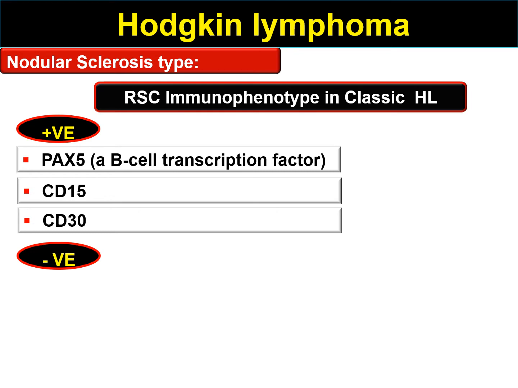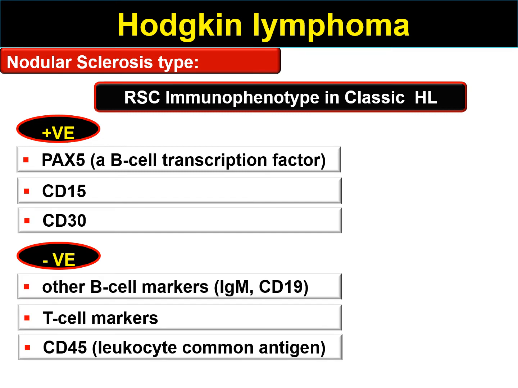PAX5 is a B cell transcription factor. CD15 and CD30 are also positive, while other B cell markers such as IgM, CD19, T cell markers, and CD45 are negative in the classical type of Hodgkin lymphoma.